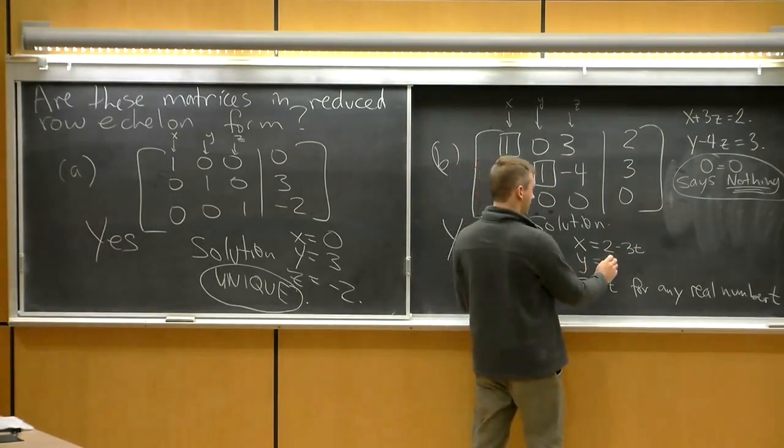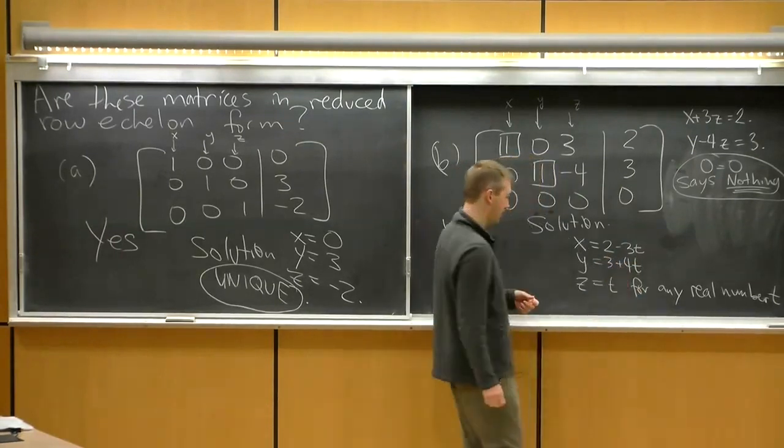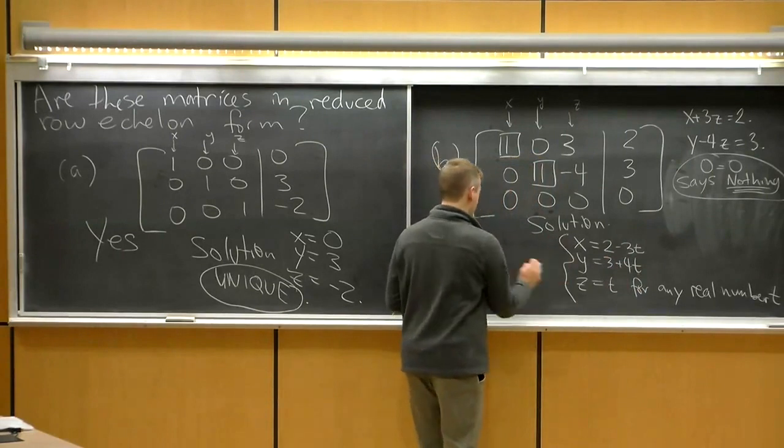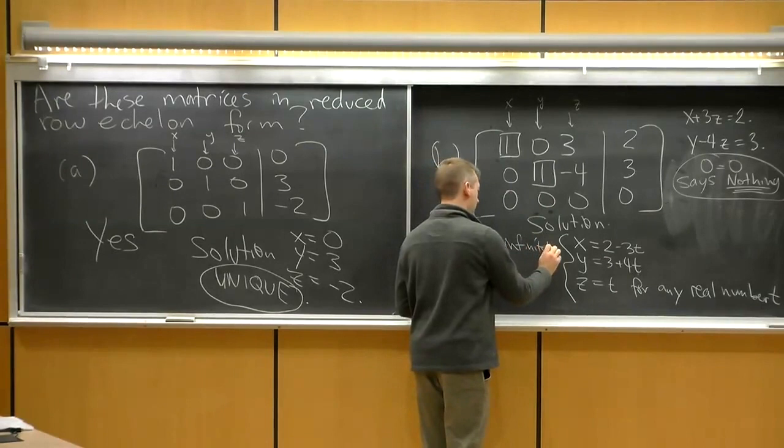And y is going to be 3 plus 4t. So you've now got infinitely many solutions.